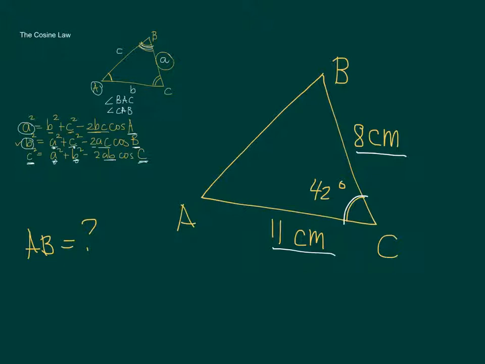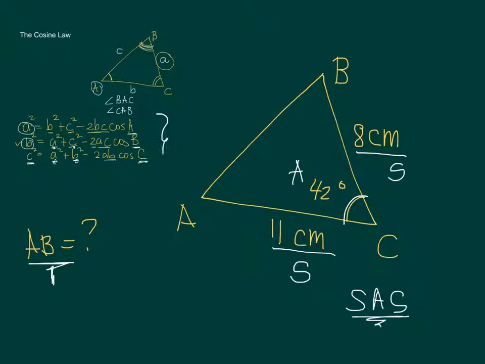So to check that, 11 cm is a side, 8 cm is a side, and the angle between the two sides, 42, is also given. Once you see that you can form this, I can simply say it as an SAS, then the cosine law is applicable. Now in this problem, we want to look for the side AB.